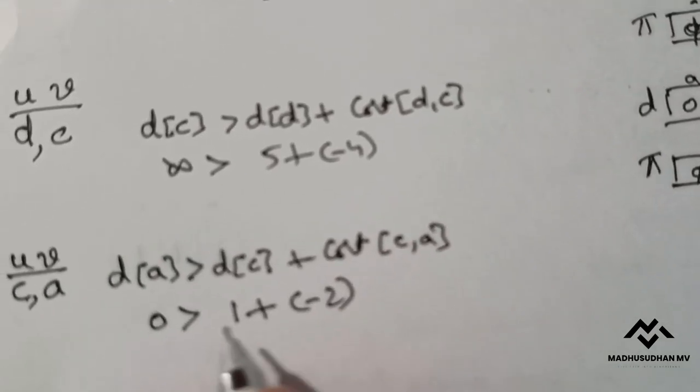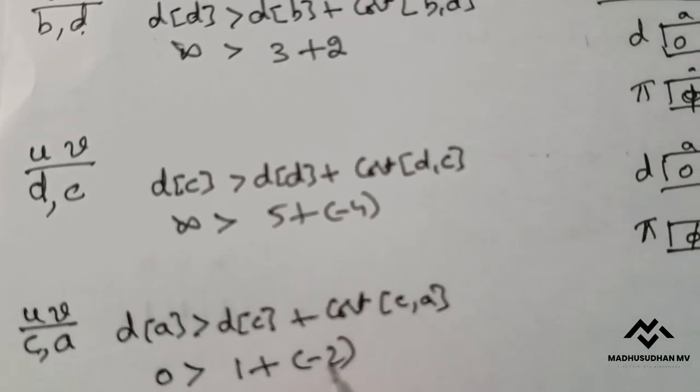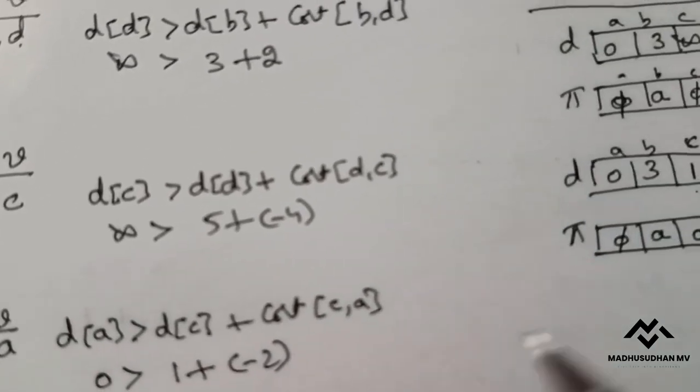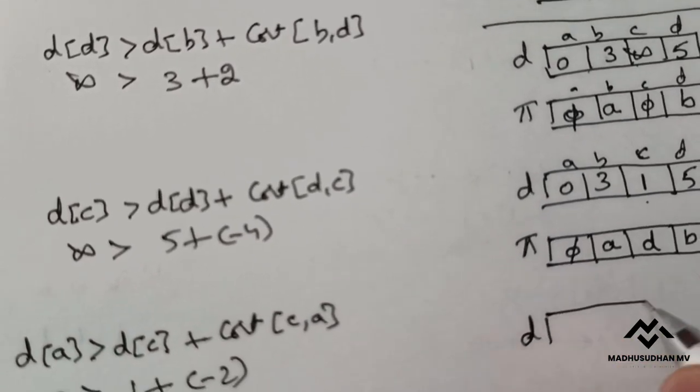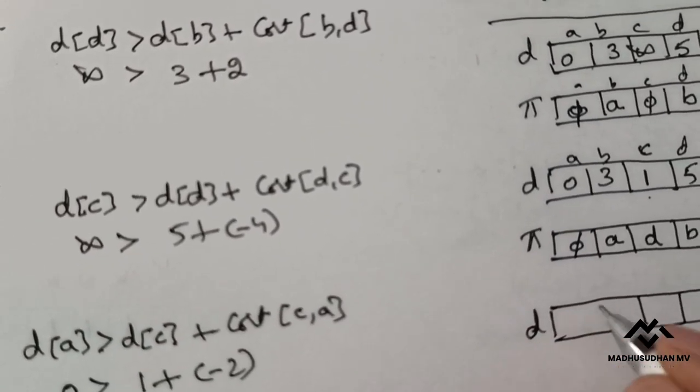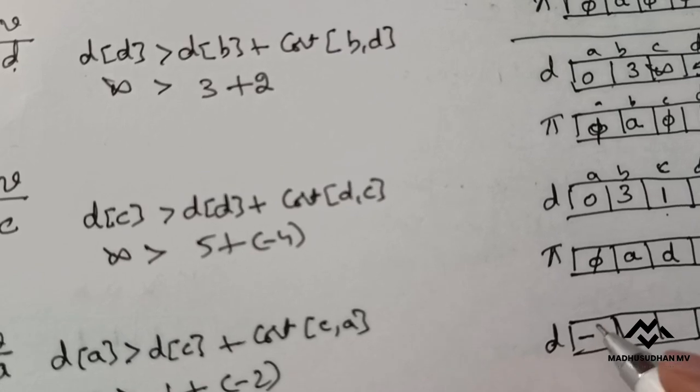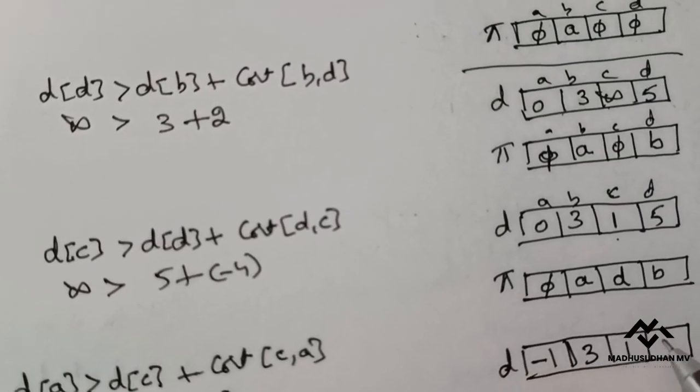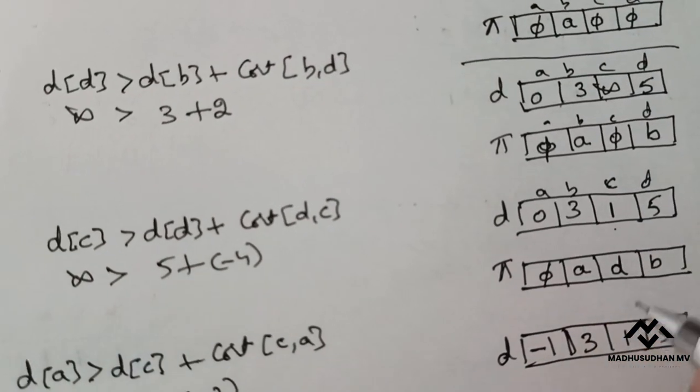That is minus 1. 0 greater than minus 1, true. We come inside, and that minus 1 is assigned to distance of A. So now the distance array has distance of A as minus 1, and the remaining I copy as it is: 0, minus 1, 3, 1, 5.